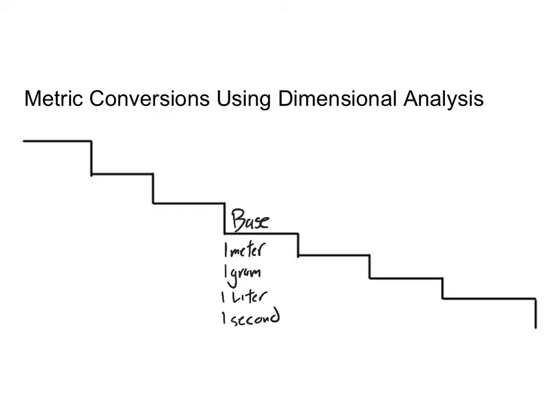Going up this staircase, I have the prefix deca, I have the prefix hecto, and I have the prefix kilo. Going down the staircase, I have the prefix deci, I have the prefix centi, and I have the prefix milli.